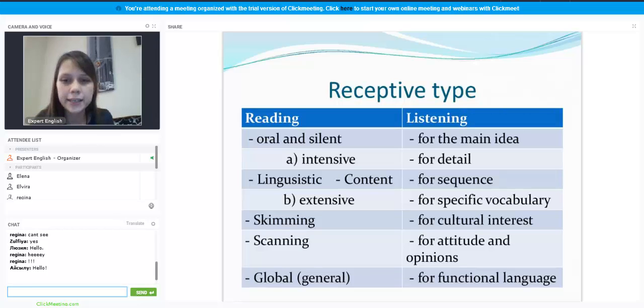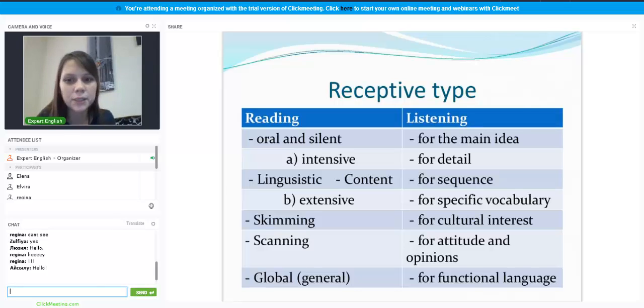And you can see here that most commonly people ask students to look for the main idea, for details, for sequences, for specific vocabulary, for cultural interest, and for attitudes and opinions, or even for functional language.